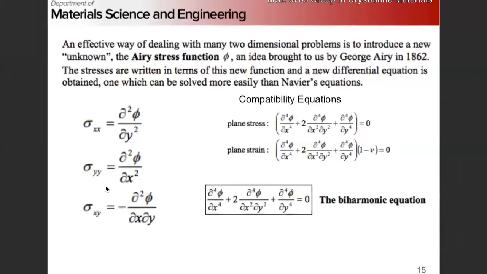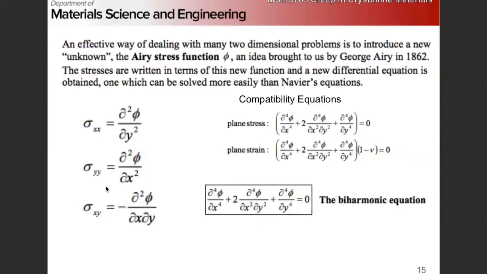And we introduce some function whose second derivatives give us the stress terms of interest. And if we plug that into the compatibility equations, we get terms that involve this biharmonic equation.